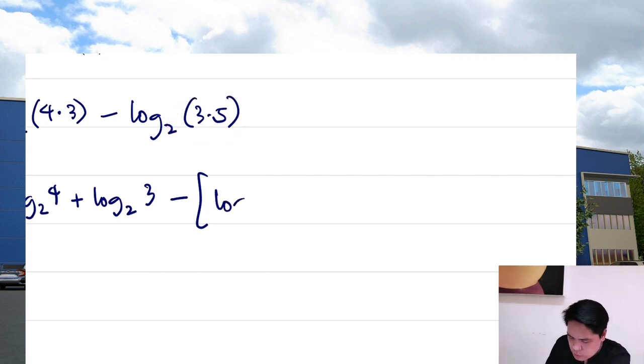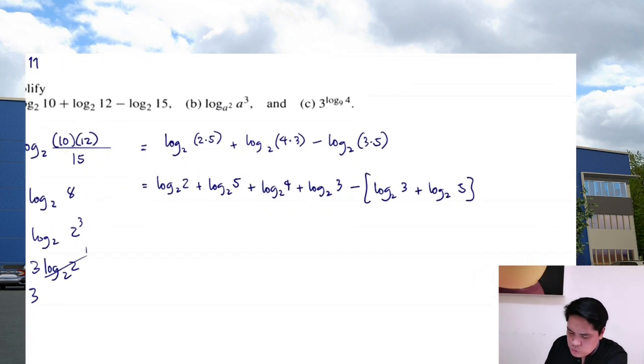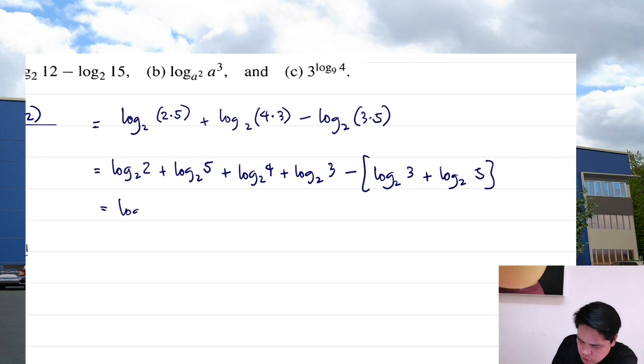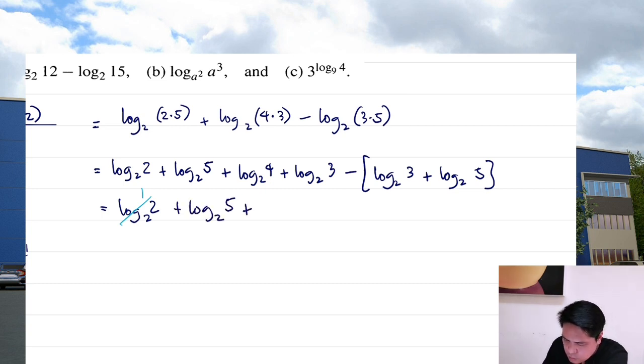Okay? So, that would be logarithm of 3 to the base 2 plus logarithm of 5 to the base 2. Okay? So, this would become logarithm of 2 to the base 2, that's 1, plus logarithm of 5 to the base 2, plus, this is actually 2 squared, right? 4 is 2 squared, so, magiging 2 logarithm of 2 to the base 2.